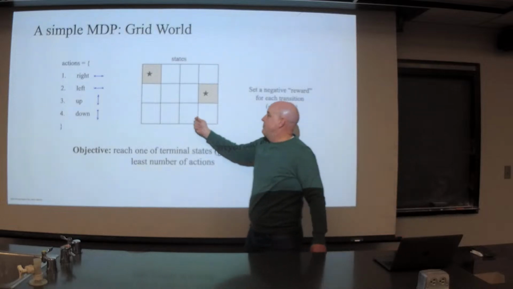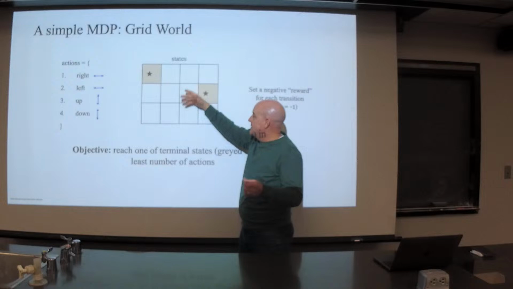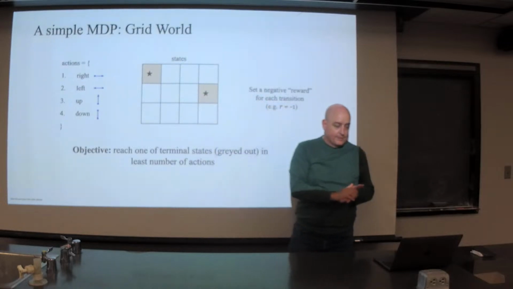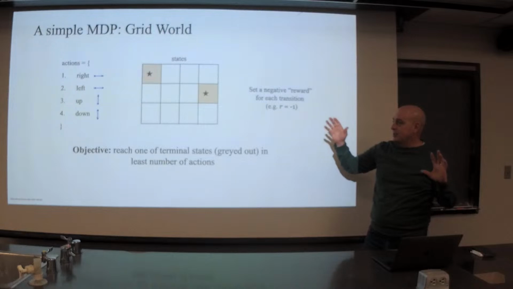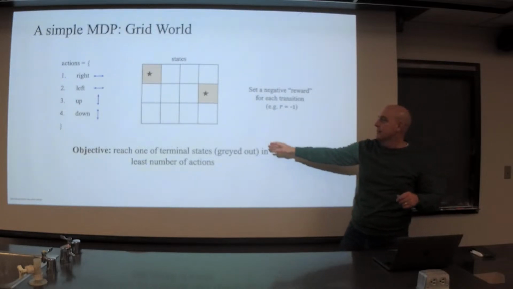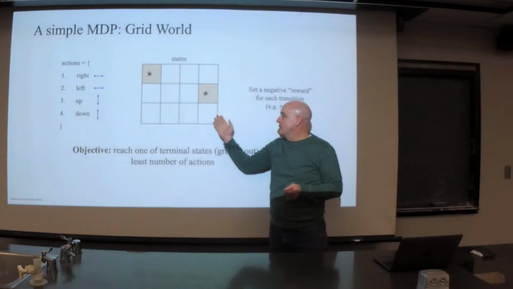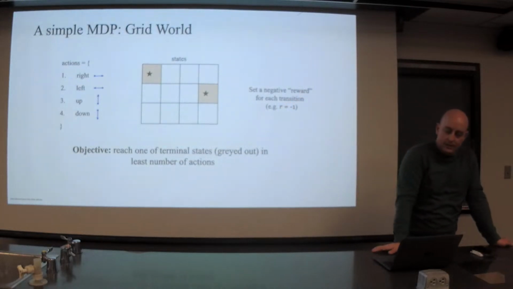It's the locations in the state space and where the agent is. And then actions are typically just very simple actions of moving up, down, left, right, as long as you're not at one of these boundaries which would prevent you from moving right or left or down.